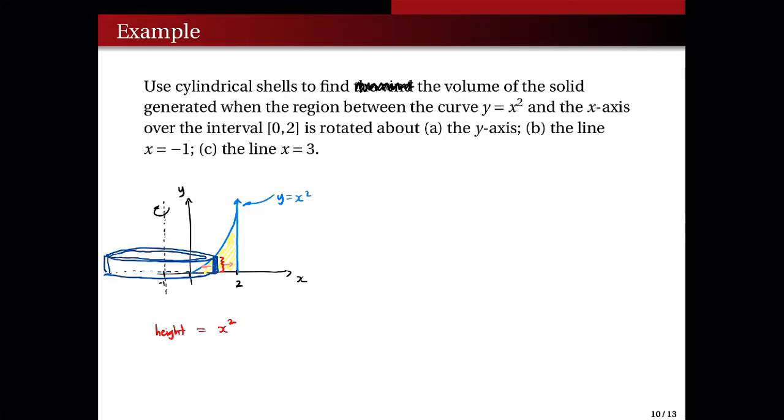But look at the radius of your shells. The radius will be from the strip going to this axis of revolution. If this guy here was x, this x is just from 0 up to x. So you need to add this part here.